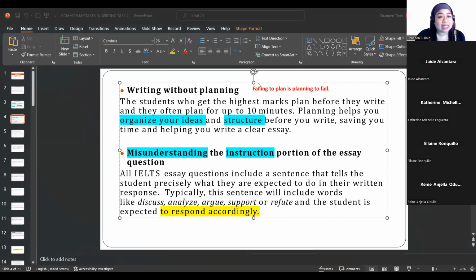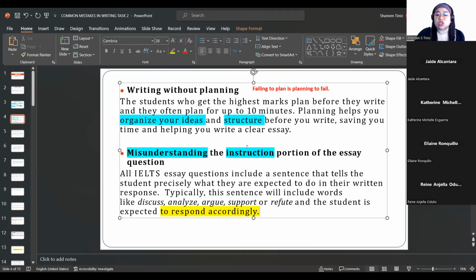Hindi mo dapat iasa lahat kay IELTS coach. Because I'm not gonna be there for you 24/7. You, us, your coaches, we're not gonna be there for you 24/7. We're not gonna be there with you during the examination. Kaya naman, help yourself, okay?